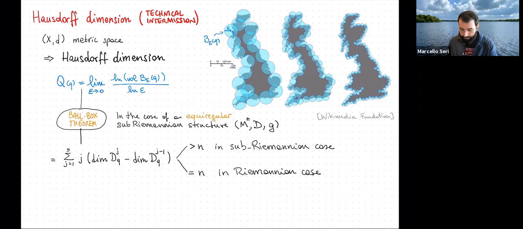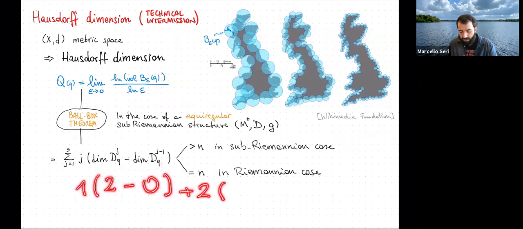So if you take the case of the Heisenberg problem, the first one would be 1 times the dimension of the distribution that is 2, and then the dimension of step 0 that is 0, but then you have plus 2 times the dimension of 3 minus 2, because you have the whole tangent space minus the distribution size. And so if you look at this, this is just 2 plus 2, and this is 4.